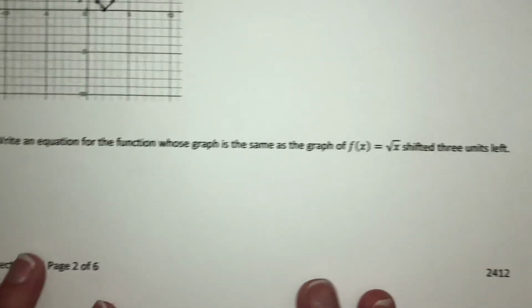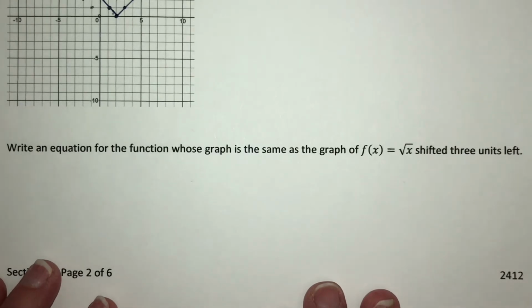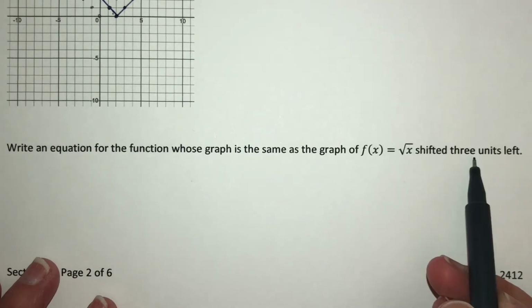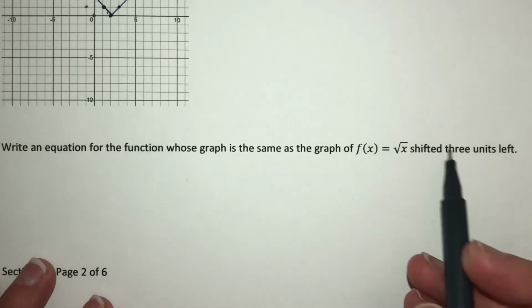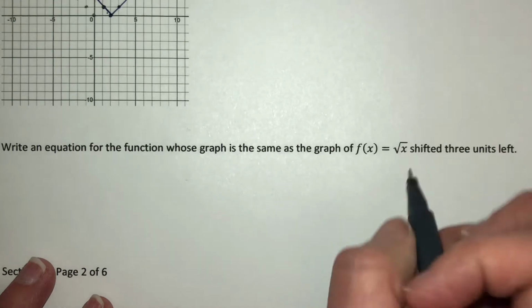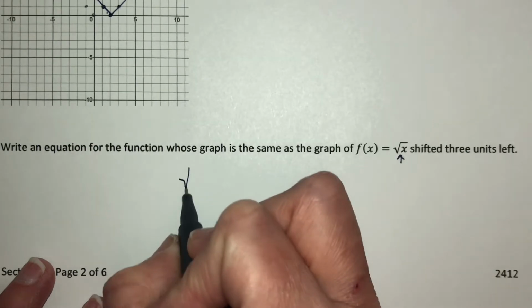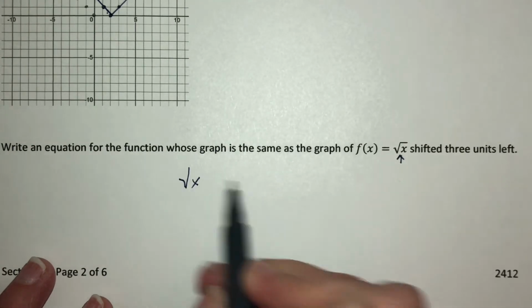So let's write an equation for the function whose graph is the same as the graph of the square root of x, and we're going to shift it 3 units to the left. If I'm shifting to the left, that means it's going to go inside the square root. I need to do something inside this.